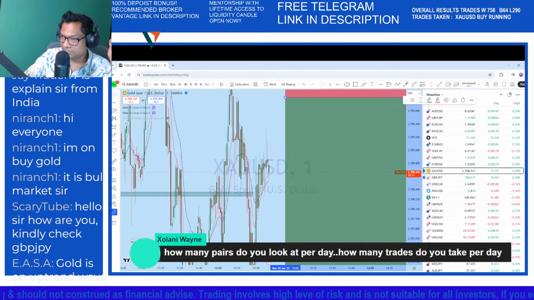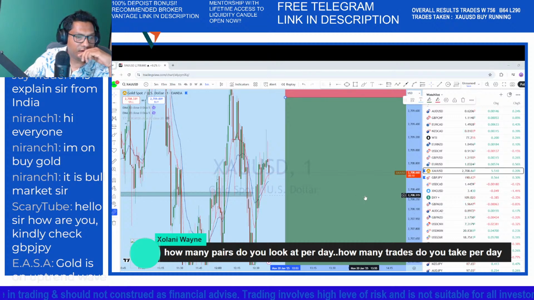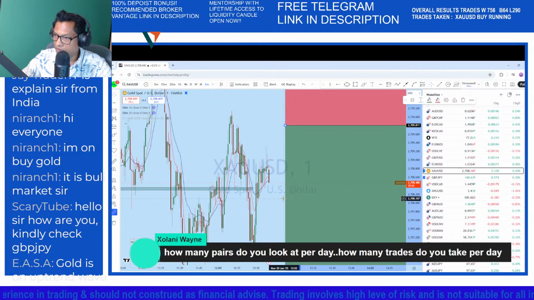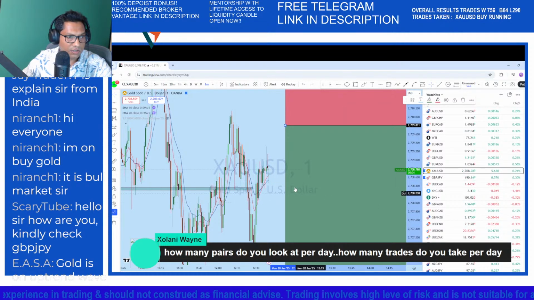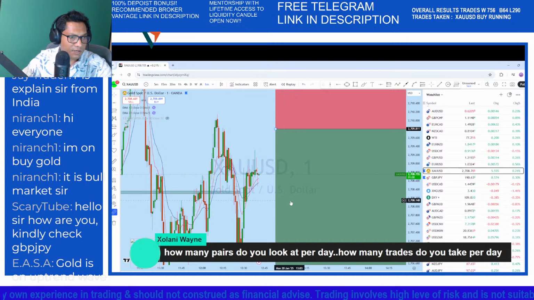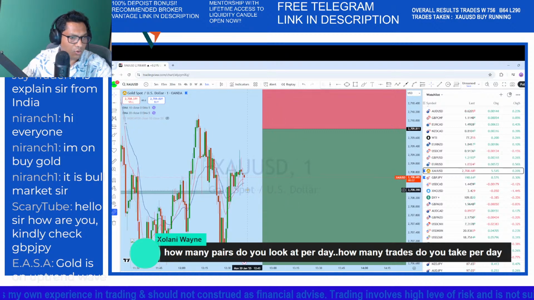So when I will be exiting, if I need to do it manually, I'll be giving a shout out here. Once we see that deeper pullback below our entry, you can see it's getting some liquidity.